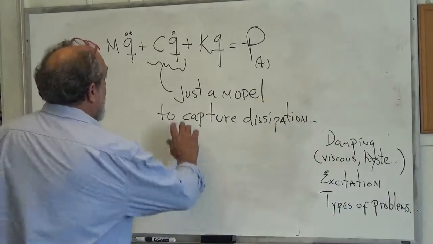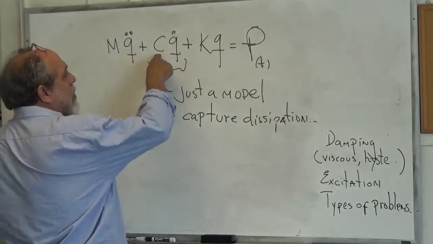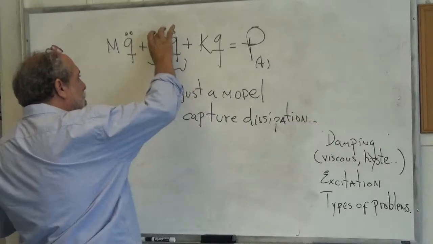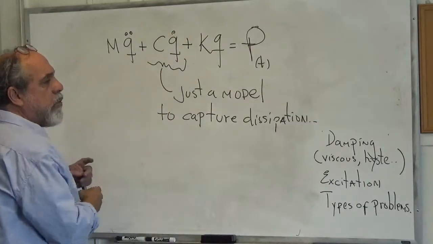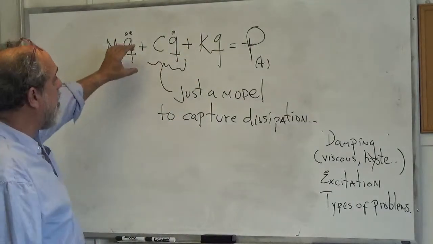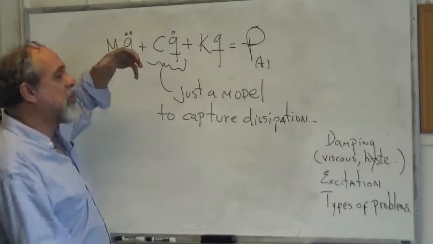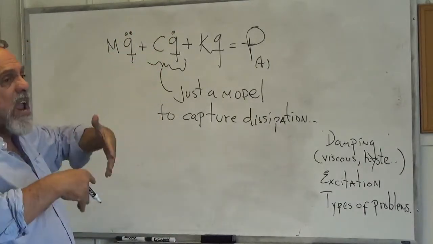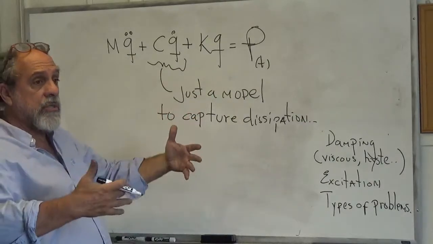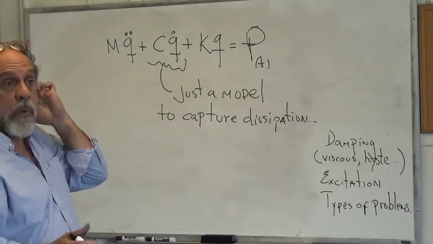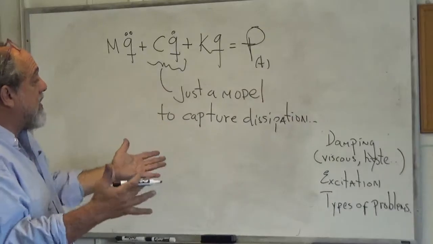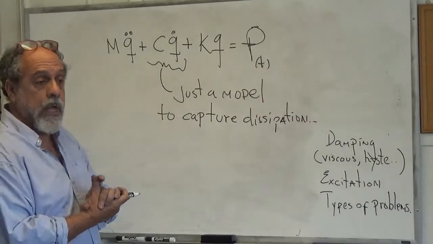Now, that means that in selecting the c, sometimes c is a number, sometimes it's a matrix, depending on whether we're dealing with one or multiple degrees of freedom, we select c such that the rate at which the structure tends to dissipate energy from our observations is more or less correctly captured.